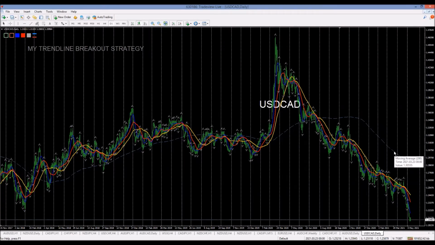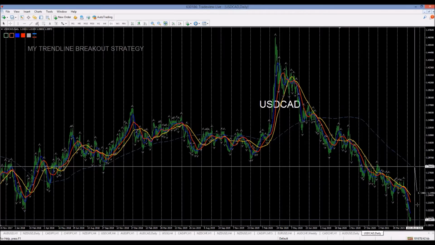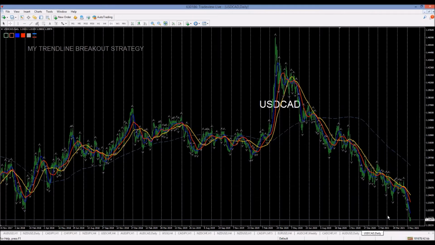We know it does. The historical information tells us that price, the market, these candles revert to the 200 period moving average. So it's going to go back up here. That's a fair number of pips. If it was 700 pips, but if it went 300 pips, I would take three.